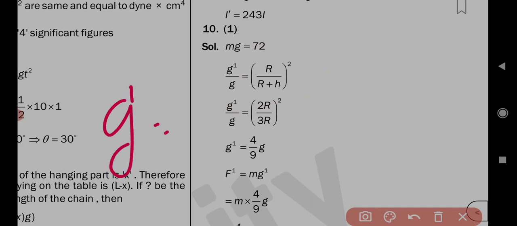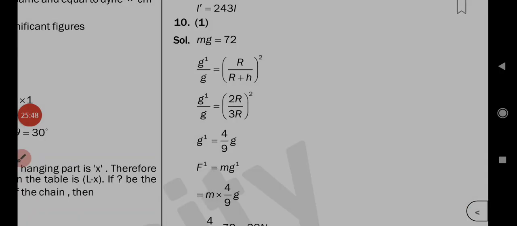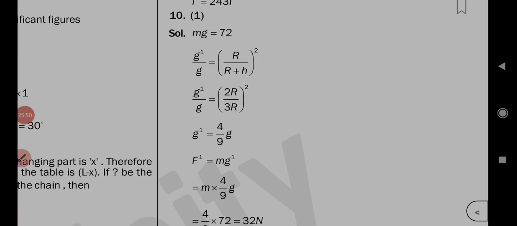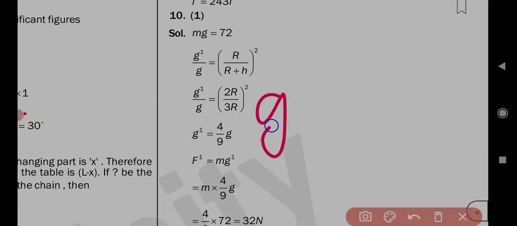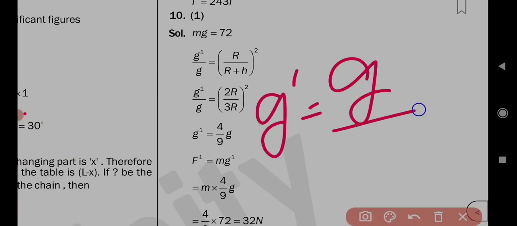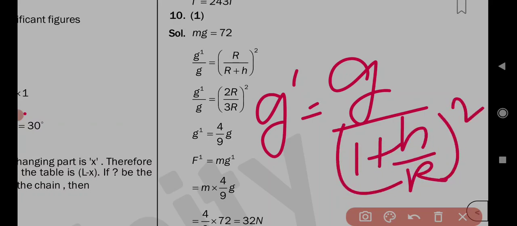What I remember is g dash is g by 1 plus h by R whole square. This is the formula I remember, and I did this question with this formula only. So let's see how it works.